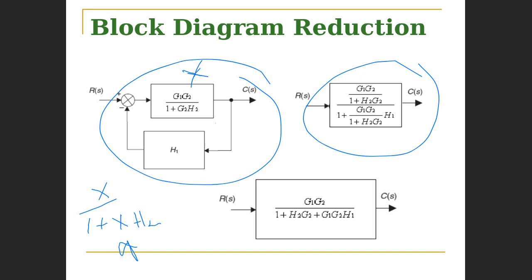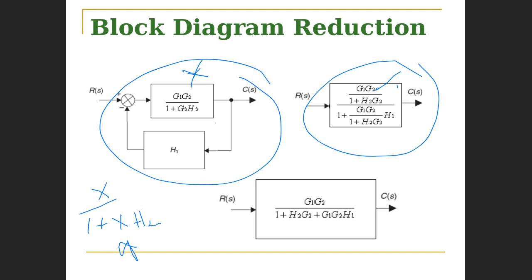Do we appreciate that? We can see that X at the top is G1, G2 all over 1 plus H2, G2, right here. That is all over 1 plus X, and you can see X here again, times H1.